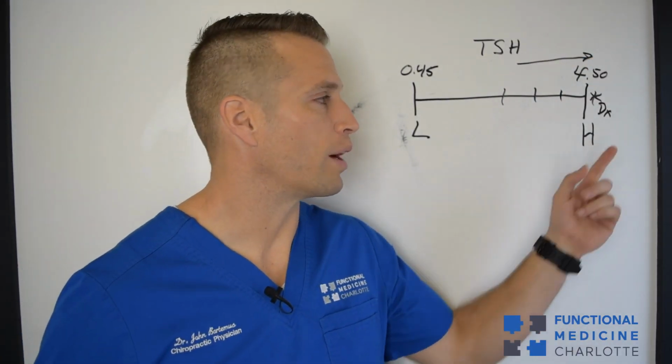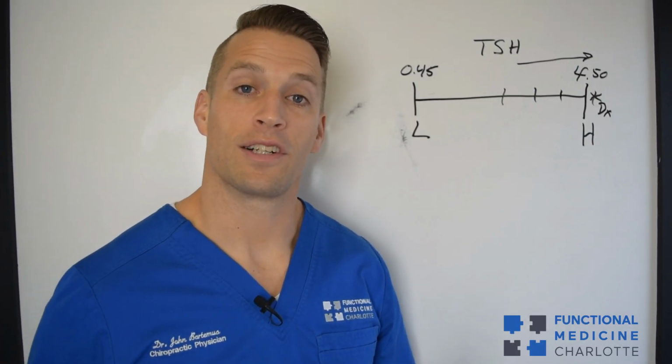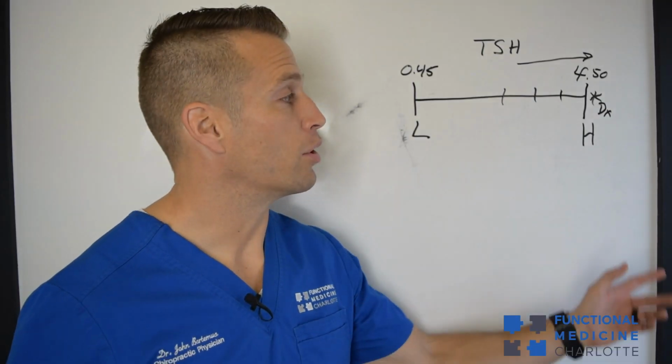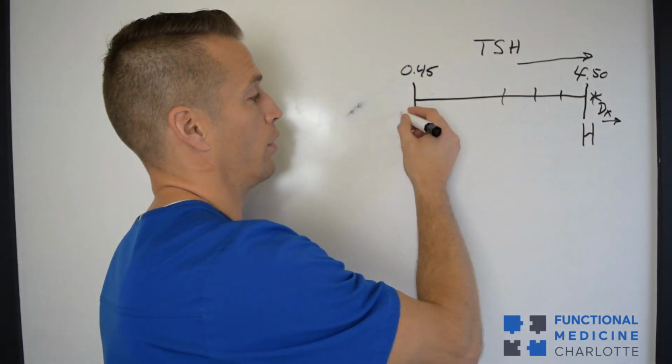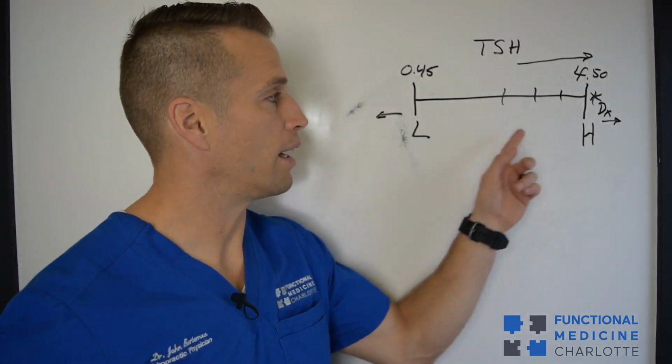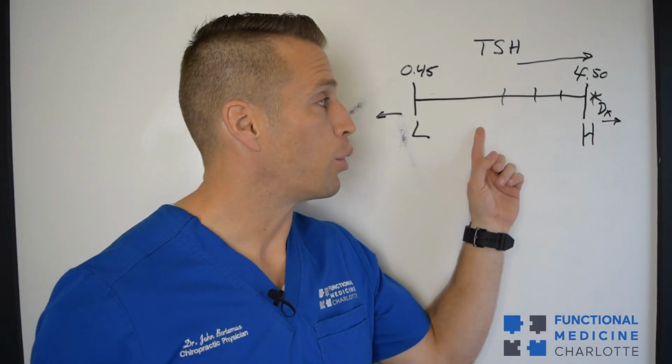Why are we waiting till right now to do something?" Okay? The reason is because in conventional medicine, you have to fit diagnostic criteria, and you don't fit diagnostic criteria until you're lab high or lab low. Anywhere else, you're normal, okay? Even though your quality of life may be tanking.